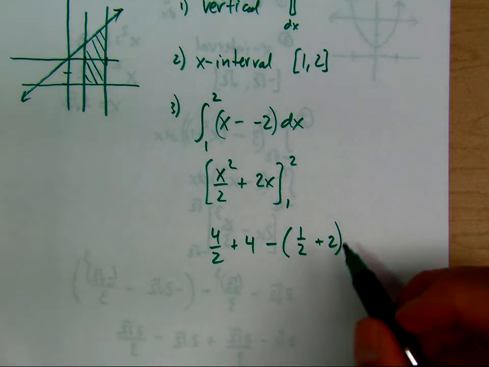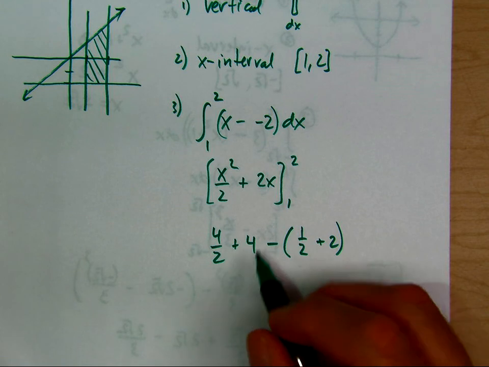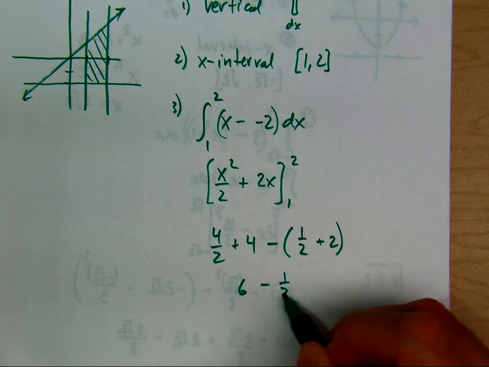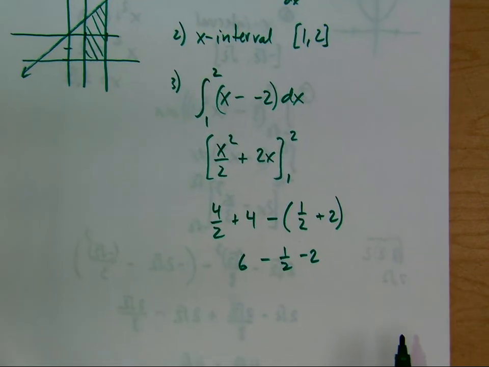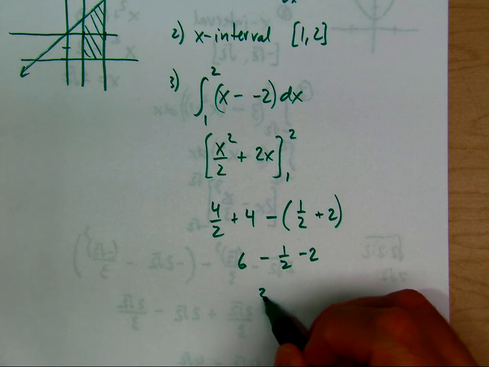All right, so that's going to be 2 plus 4 is 6, minus a half, minus 2, and it's 4 minus a half, 3 and a half.